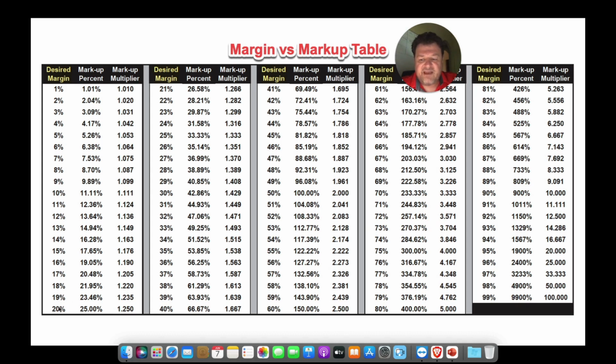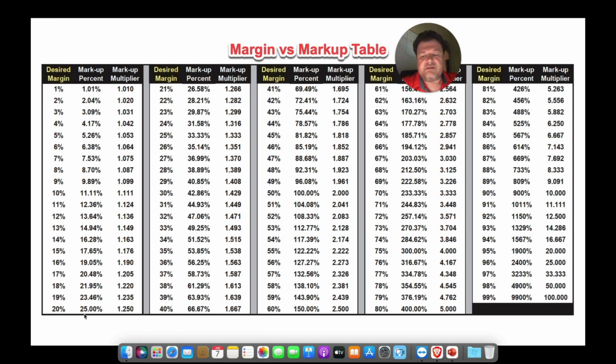So here we've got a 5% difference. There's 5% between the margin and the markup, but look over here. That's almost 27% difference.